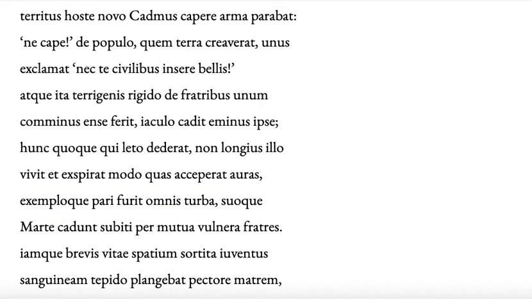And then in the next phrase here, suoque marte cadunt, subiti per mutua vulnera fratres. So you've got que meaning and, and then the subject is subiti fratres. So fratres are brothers, and subiti is an adjective, which literally means something like sudden, but I think the idea is something like short-lived in this case.